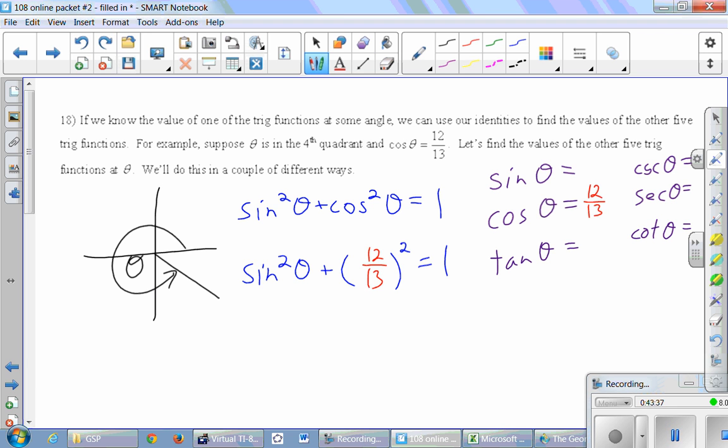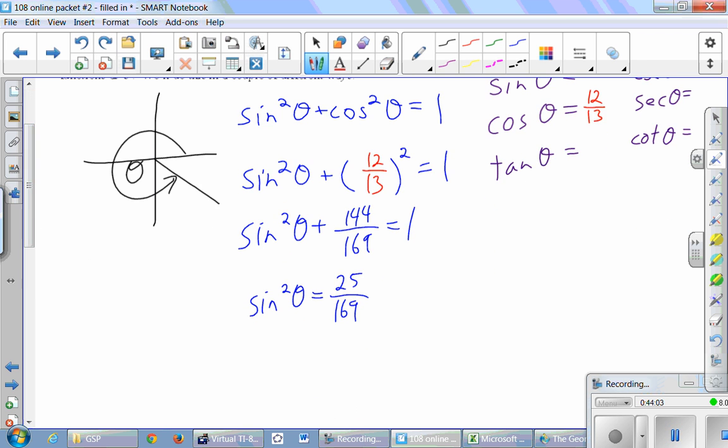So that's just substituting. Let's clean this fraction up a little bit. This is 144 over 169. Go ahead and subtract that fraction from both sides. Get a common denominator and do the subtraction, and hopefully you see that it's 25 over 169.